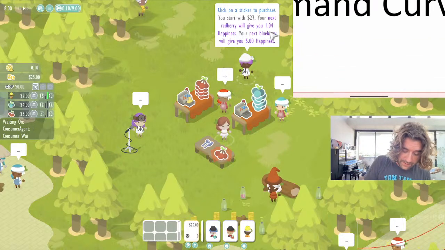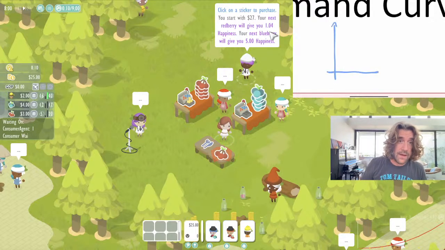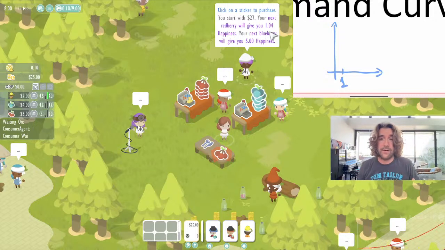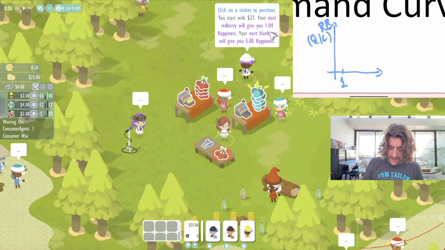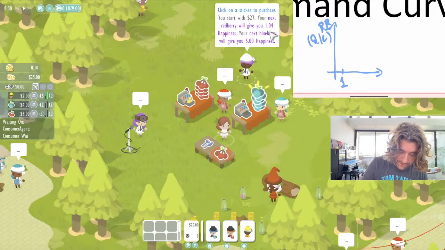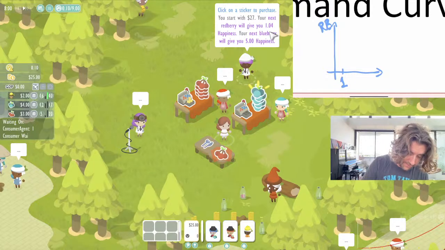If you want, I'm going to just draw a little graph as usual here. The first unit consumed, the first red berry. I'm going to put the utility.